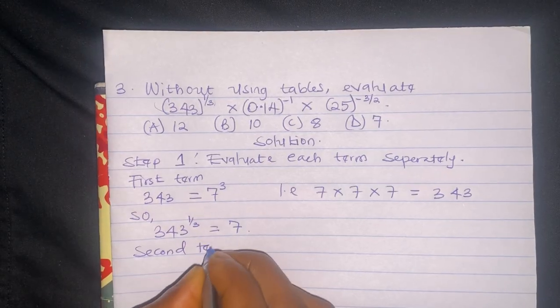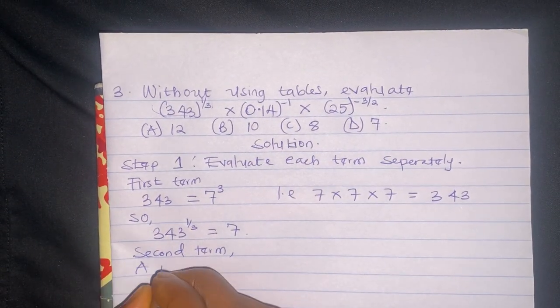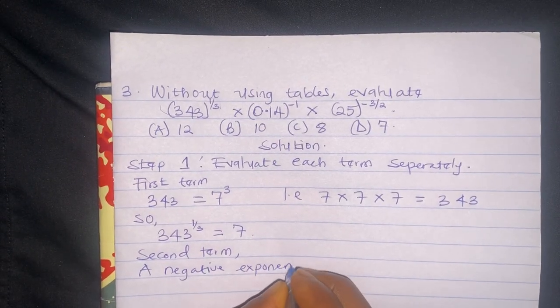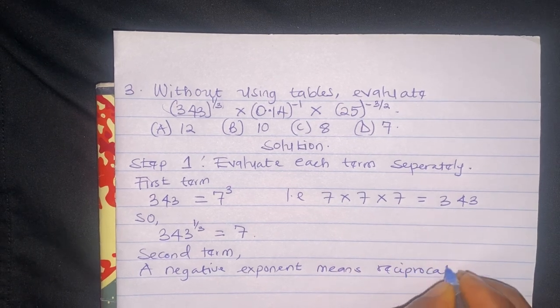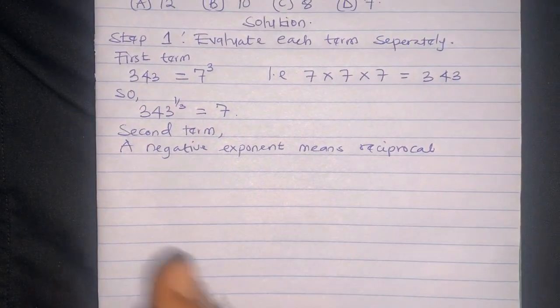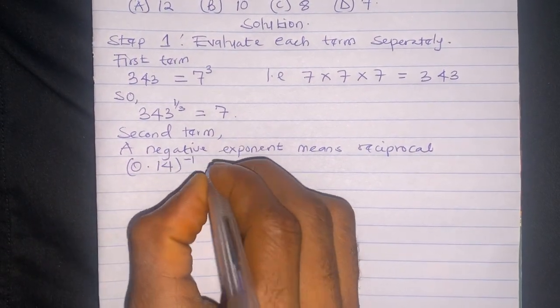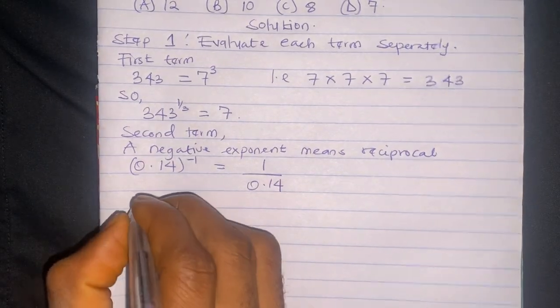Now for the second term, it has a negative power. So recall what we said about the negative exponents, which means reciprocal, right? So we have 0.14 raised to the power -1 is equal to 1 over 0.14.